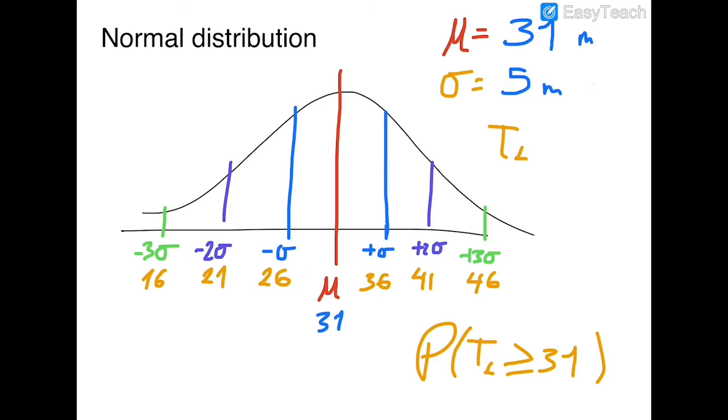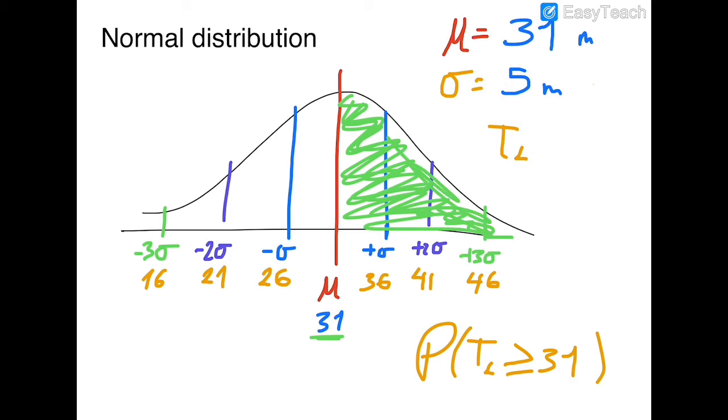What we have to do is just make the sketch and then shade what that represents, that TL is greater or equal than 31. So here we have 31, and which ones are greater or equal than 31? All these values that we have here, right? So that's what we're supposed to do in that case.